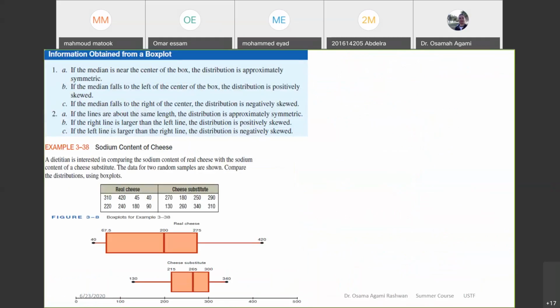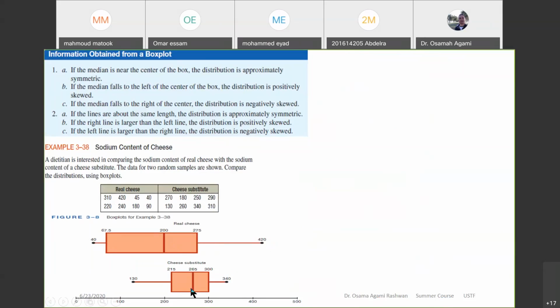Now, if you have two data sets, two variables, and these two variables are ratio variables, you can graph the box plot for the first one. I get the minimum, the first quartile, second quartile, the third quartile, and the maximum, and I have the box plot. And I have the box plot for this one.